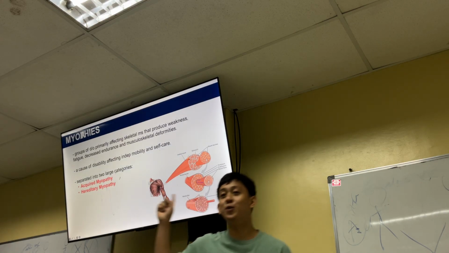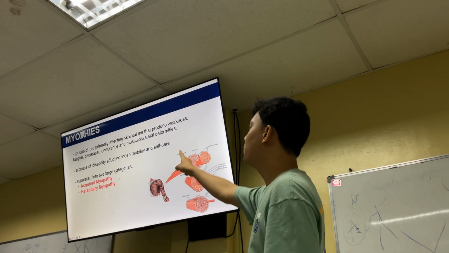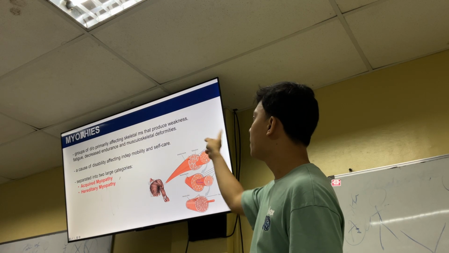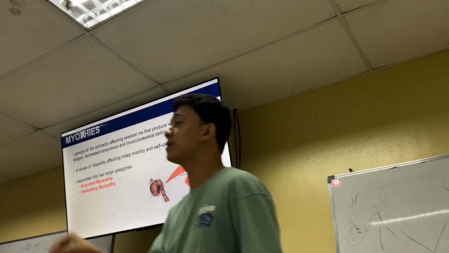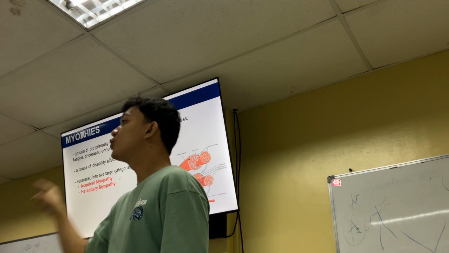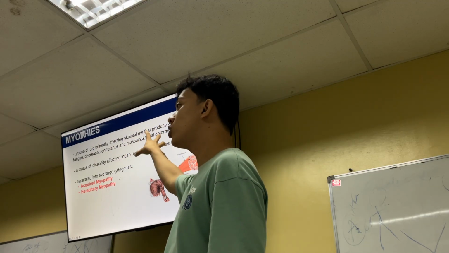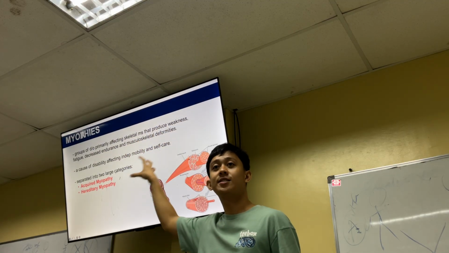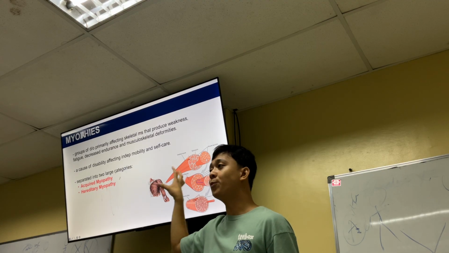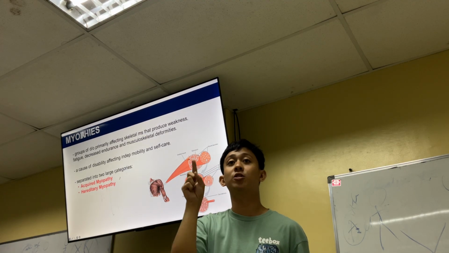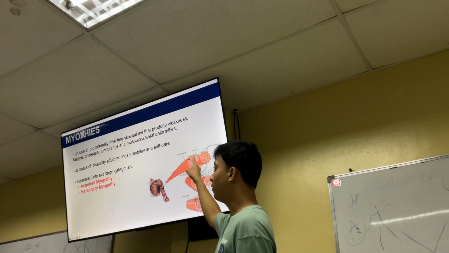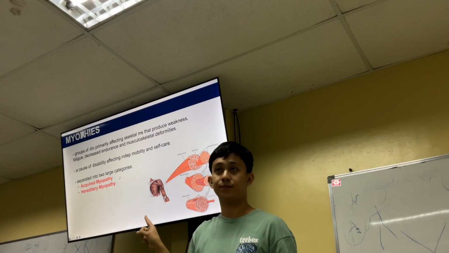So here, myopathies. Guys, actually, myopathies is a group of diseases primarily affecting skeletal muscles. Basta, myopathies is a group of diseases that affects the muscle. So obviously, it is the most general of all. Myopathic dystrophy, which we discussed earlier, is still part of your myopathies.